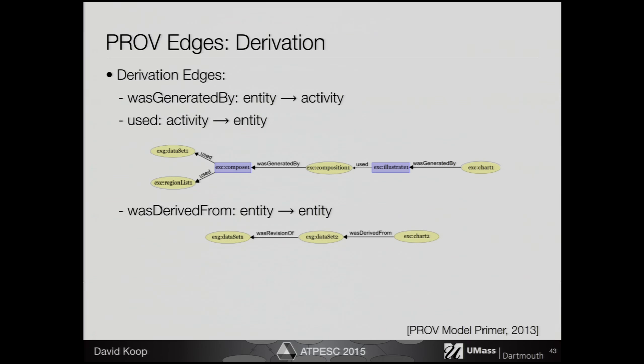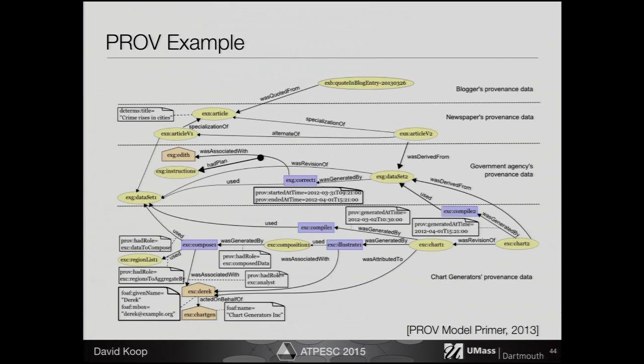And the arrows always point back to what was used by or was generated by. So where workflows would tend to draw those arrows in the forward direction, in provenance graphs you're drawing them backwards. And if you're just dealing with data derivation, you can draw graphs with just entities and was derived from edges to keep track of that information.